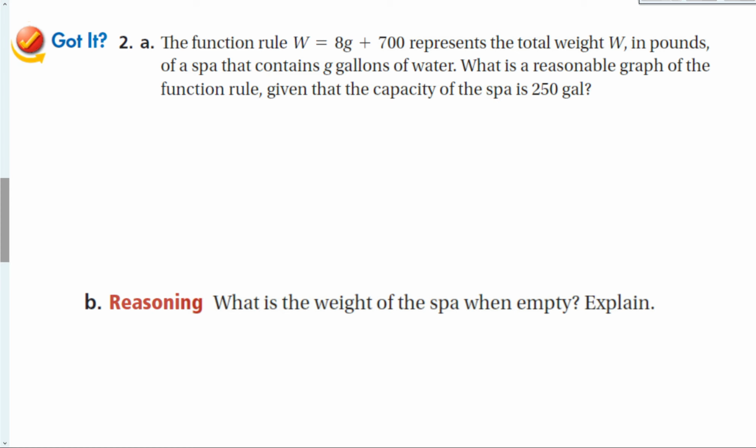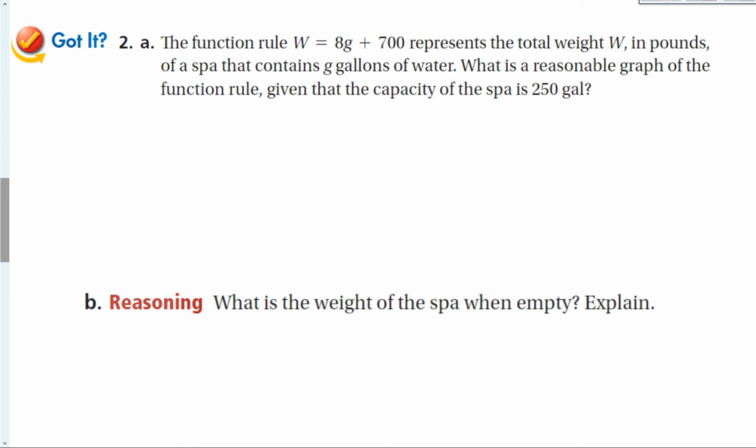So again, when you have a problem like this, you should pick numbers that are going to work well with the data that we have. So I would say maybe go up by 50 again. Maybe go 0, 50, 100, 150, 200, 250.